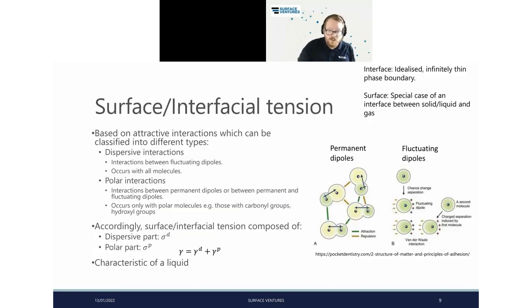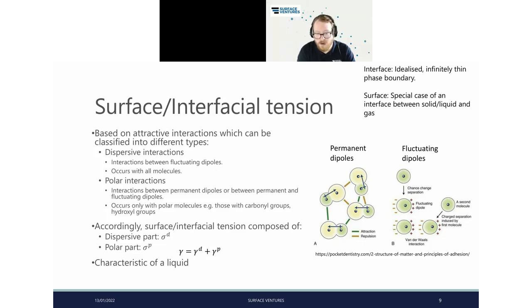In terms of surface and interfacial tension, this is based on the different types of interactions between the different phases. So you can have dispersive interactions, those being between fluctuating dipoles.